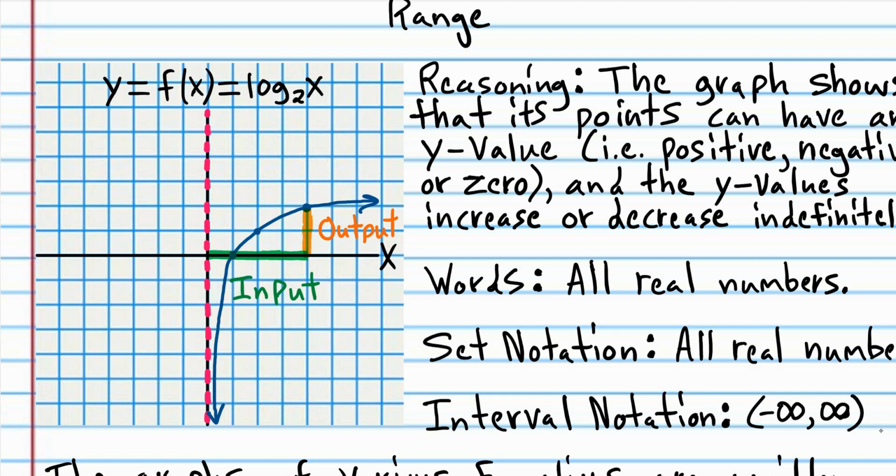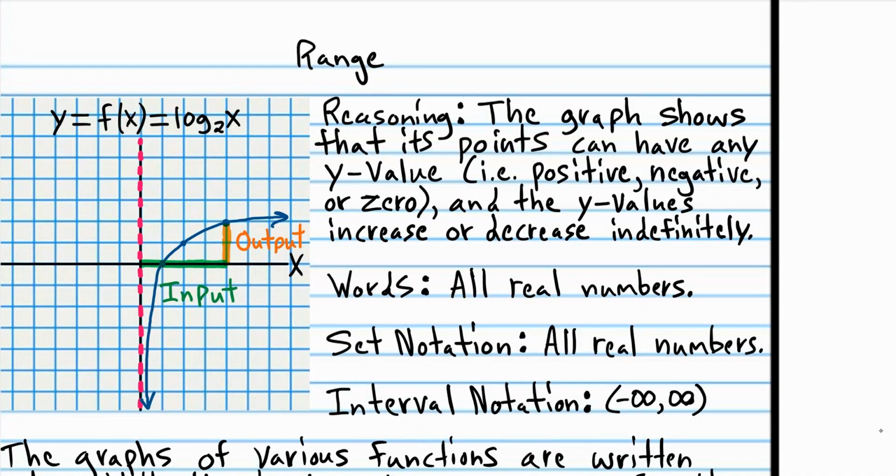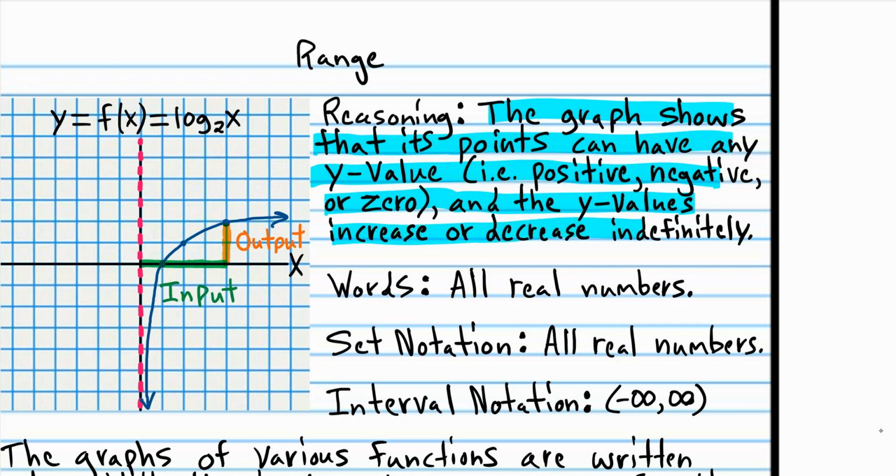So the y values just get bigger and bigger, and I know it's kind of hard to see, but this graph will just keep going up and up and up and up, and it'll never stop. So the y values can be negative numbers, 0, or they can be any positive number. So the graph shows that its points can have any y value that is positive, negative, or 0, and the y values increase or decrease indefinitely.